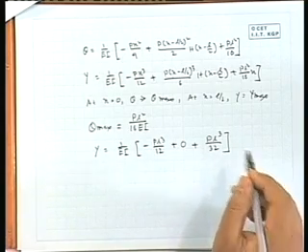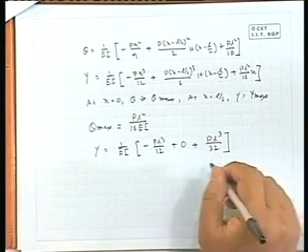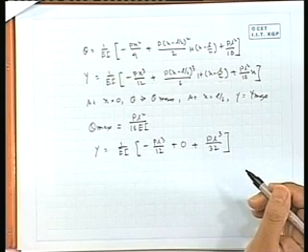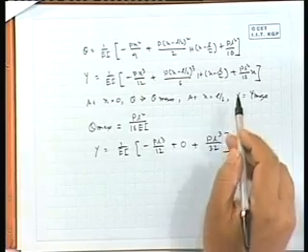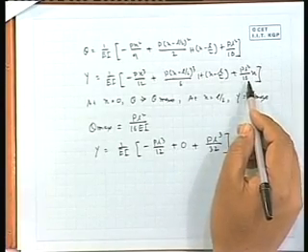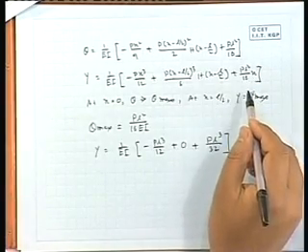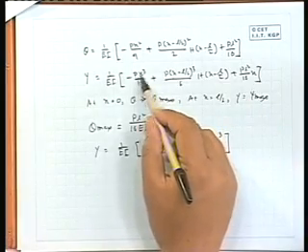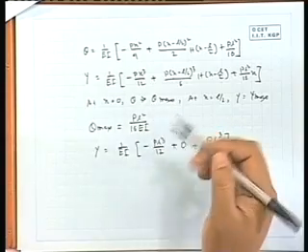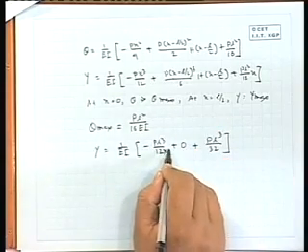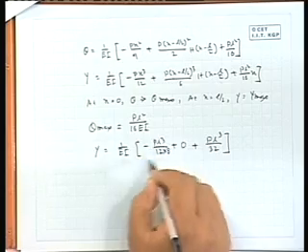In the substitution it is not PL cube divided by 12, this half term will be there, 2 into 2 into 2, 8 will be there. Otherwise this term will be larger and we would get a negative value, which should not be. So, it should be 1 by 12 into 8 plus 1 by 32.